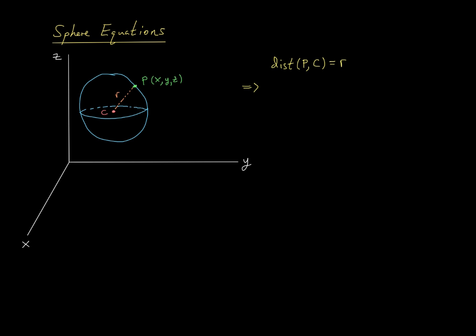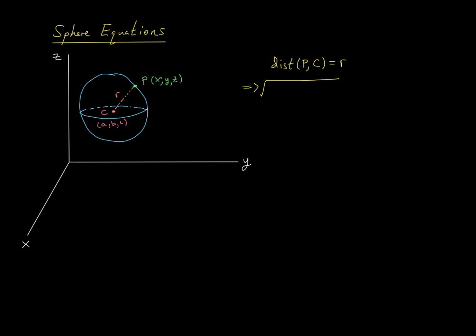And then we'll label, say, the point C with coordinates a, b, and little c, okay? And so if I'm going to apply the distance formula to P and C here, what I'm going to get is the square root of what?